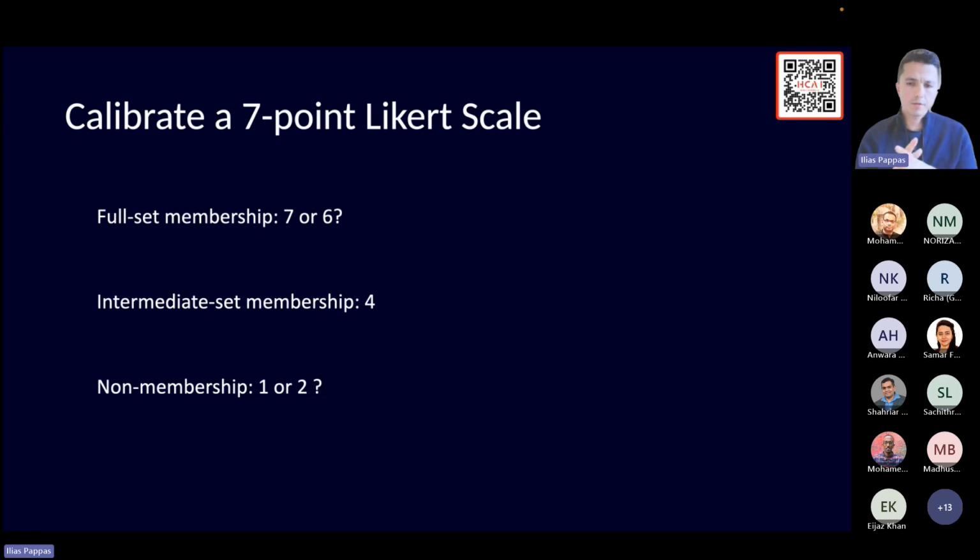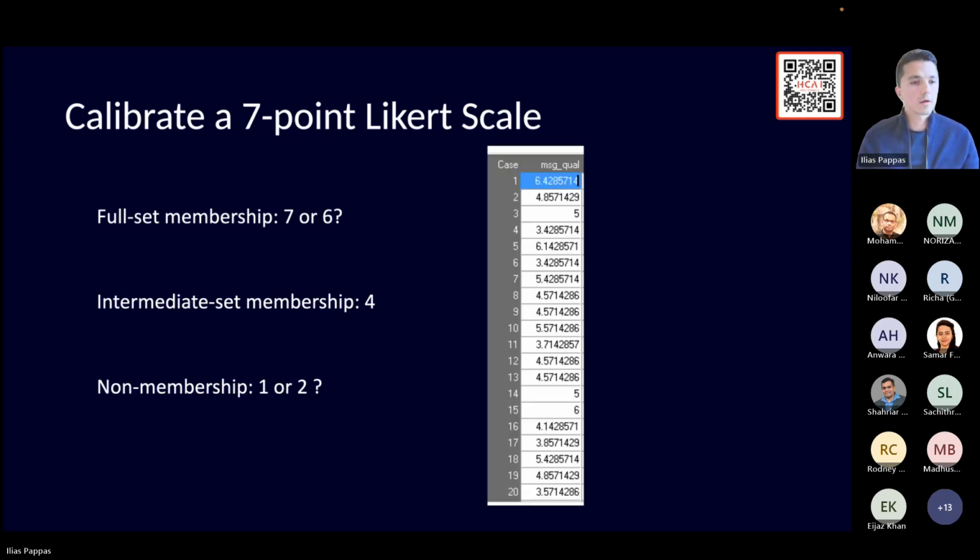One way is following the 95th percentile, 50th percentile, and 5th percentile, as I showed earlier. But another way to go is to set the full set membership, the intermediate, and the non-membership based on the Likert scale values, because when we look at the Likert scale, we know what it means, right? We know the difference between a 6 and a 7, or a 4, a 1, or a 2.